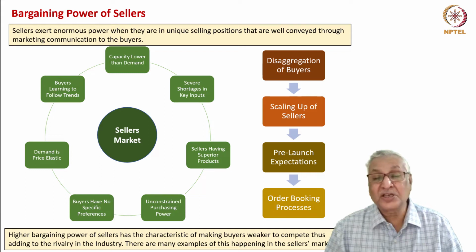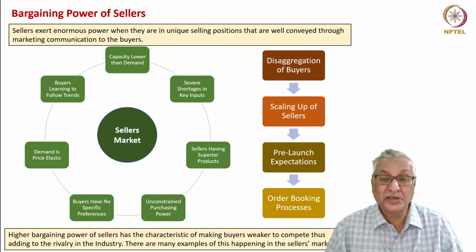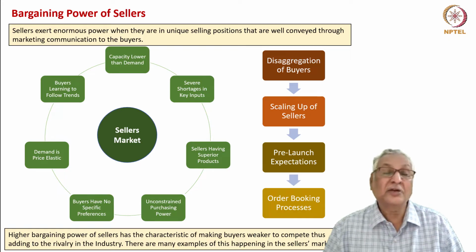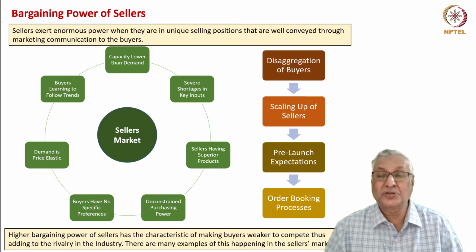If there are huge pre-launch expectations, then there is that much extra demand for the sellers' products. This happens when pre-orders are generated, when advance booking is made for movies. There is this expectation syndrome that happens, and that increases the demand. And when there are order booking processes which give the view that this item is going to be in short supply, then the sellers tend to call the shots.